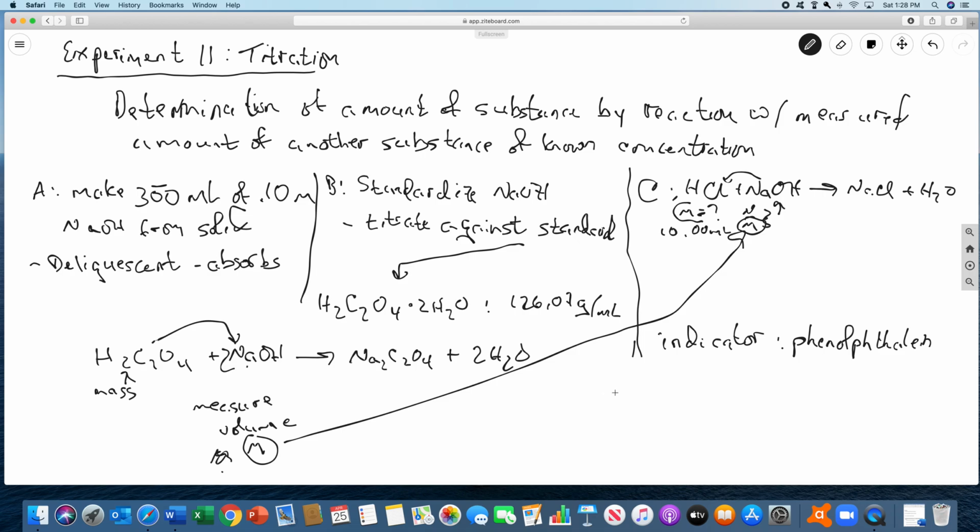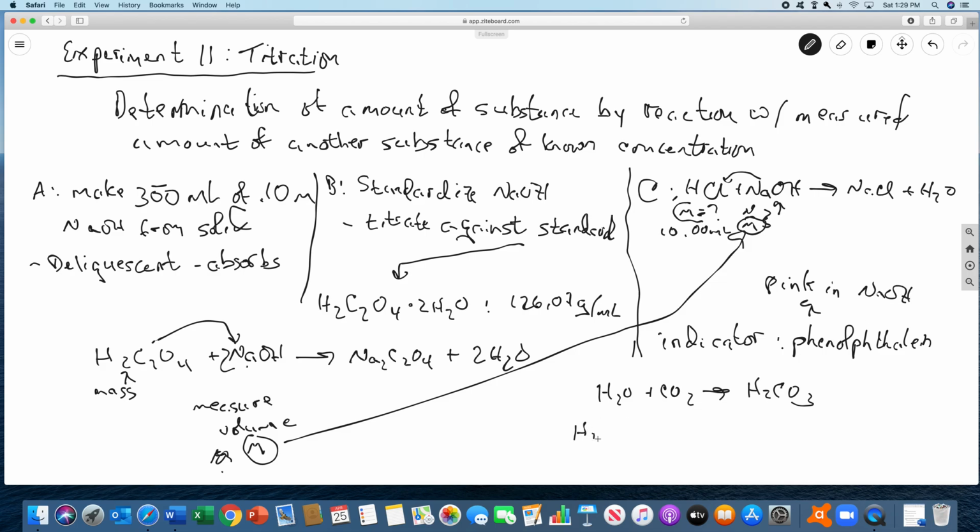Interestingly, if you let these sit for a while, if you just have a little bit of excess sodium hydroxide, water in the flask will react with carbon dioxide in the air to form carbonic acid. Phenolphthalein is pink in sodium hydroxide. But if there's no sodium hydroxide, it's not pink.